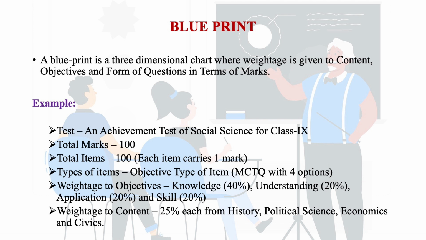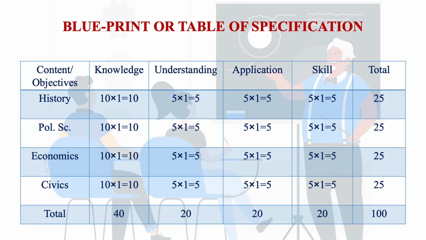So here a blueprint is a three-dimensional chart. The first dimension is the content. Here 25% weightage is given to history, and likewise to political science, economics and civics. So the questions are coming from the 4 subject areas of social science.